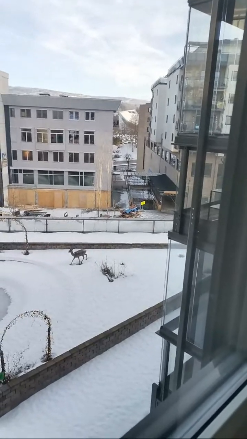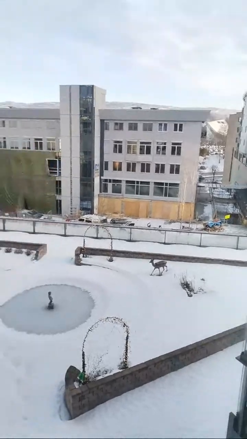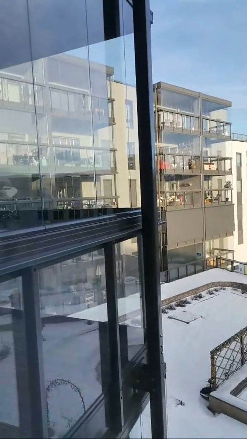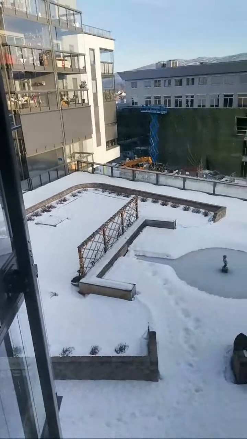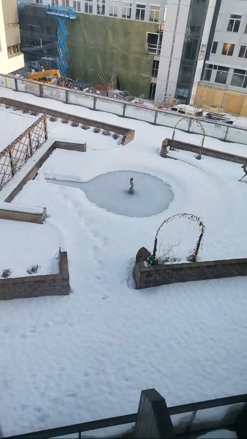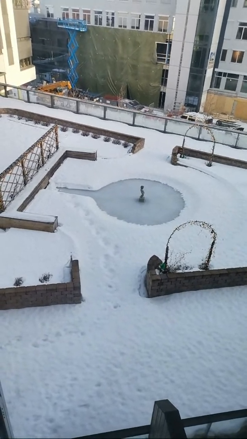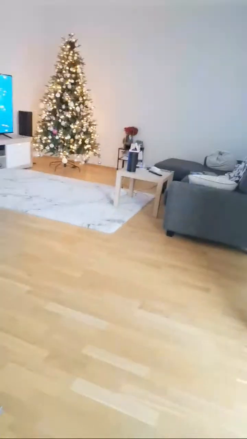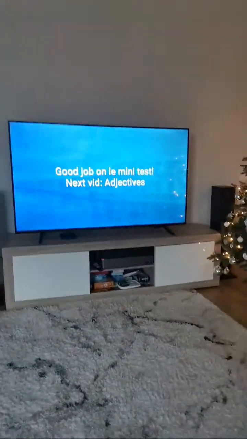Eget. Vår. Selv om. Nesten. Et spørsmål. Min or mitt. Alright, that was it for the mini test.